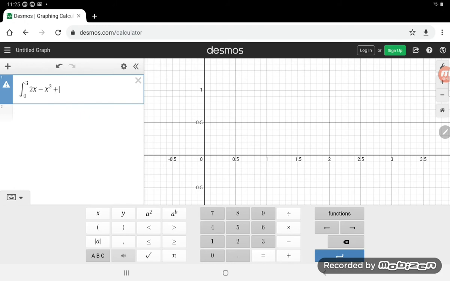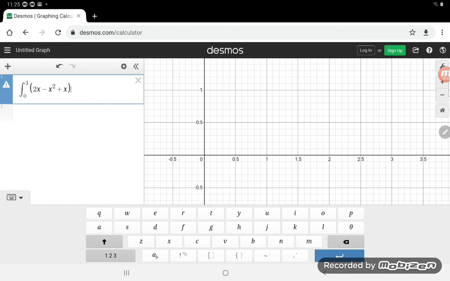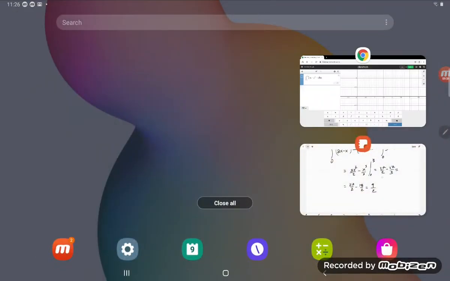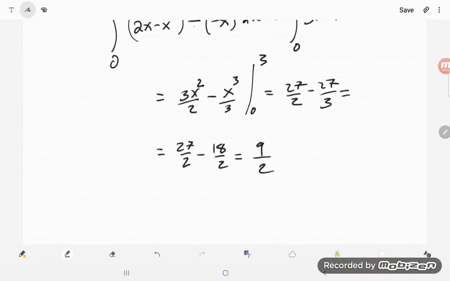So I'm just going to do my plus x. And then we'll just put the parentheses there since it seems to like those, dx. 4.5, that would be 9 halves. I can't even remember, is that what we had, 9 halves? Yes, that is what we had, 9 halves. So there we go. And there is number 26.